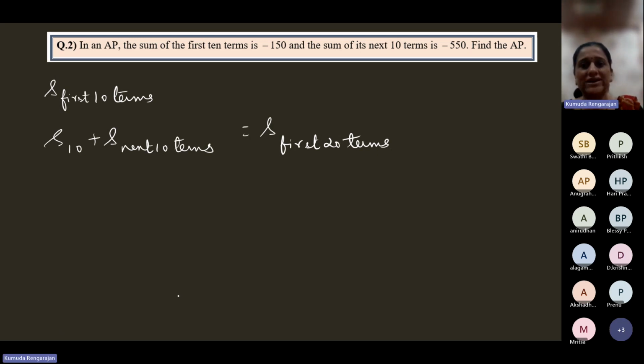The sum of the first 20 terms. So what is the sum of the first 10 terms? Minus 150, plus the sum of the next 10 terms, minus 550. Now when you add this, you will get the sum of the first 20 terms, which is S20.